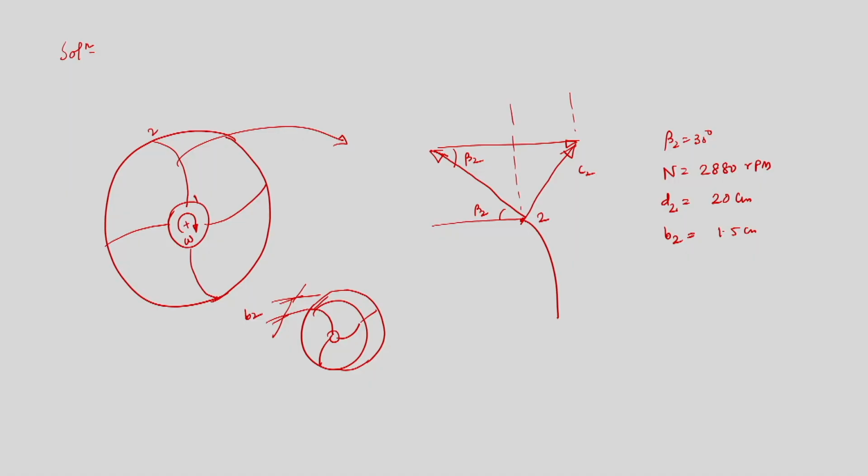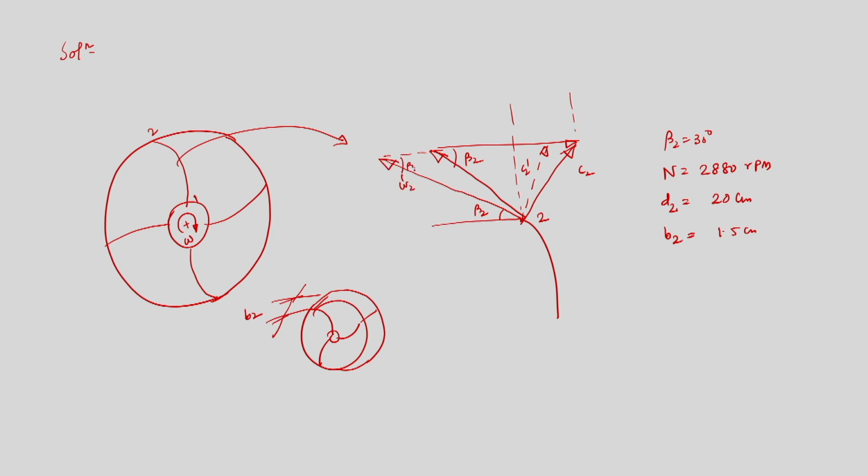In presence of slip, if I can recall, the resultant force will shift the absolute velocity and relative velocity to their new position. If I draw, this is the changed absolute velocity c2 prime, and similarly this is w2 prime.